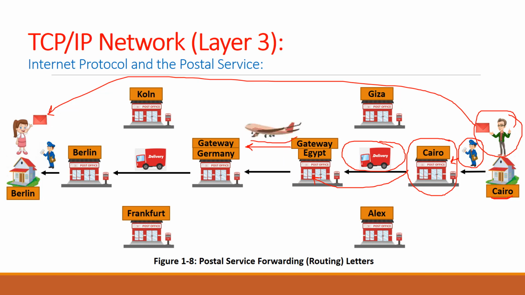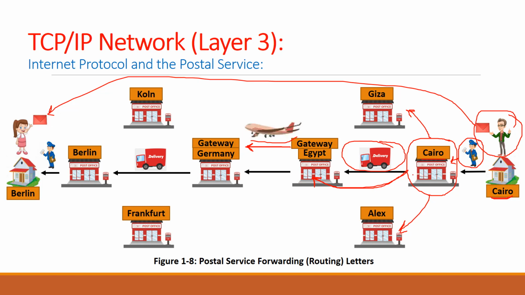As you saw, Cairo post office didn't decide to send it to Giza or Alex post offices because they are not responsible for delivering a message to a different country. So it decided to send to the gateway inside Egypt, and then the Egypt gateway decided to send to the Germany post office gateway.